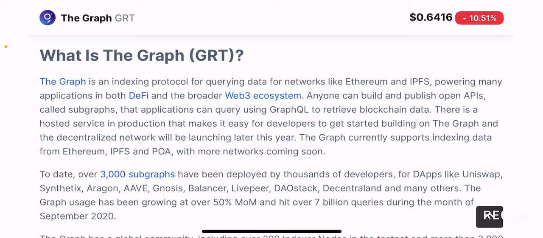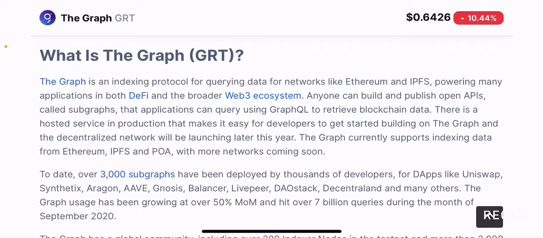So again, what that all talks about is basically indexing, right? When you take a project in decentralized finance, many of these projects haven't really been properly indexed, and the Graph's team found a way to make a decentralized indexing protocol, which is built on top of the Ethereum blockchain.